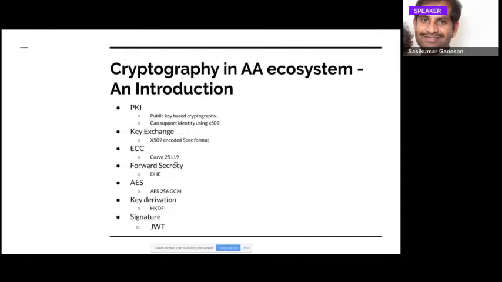Now, I'll quickly jump into the cryptography that is used in the account aggregator ecosystem. I'm predominantly assuming quite a lot of you are familiar, at least with the basic cryptography in place. With that assumption, I'm quickly jumping into the account aggregator ecosystem.